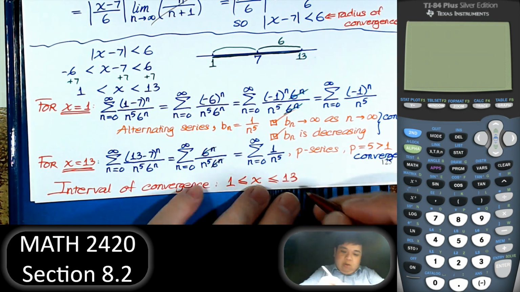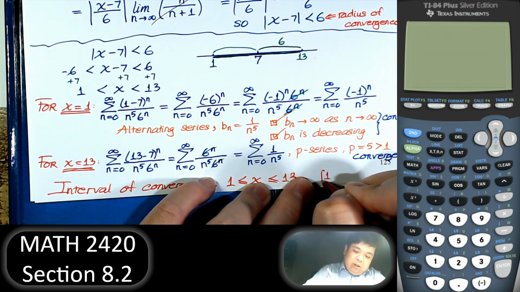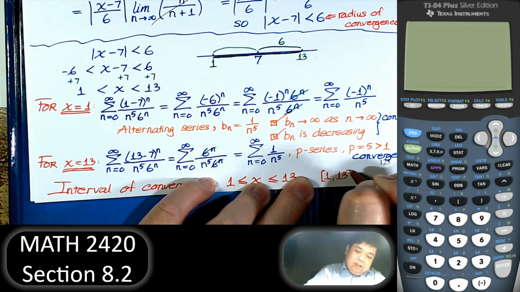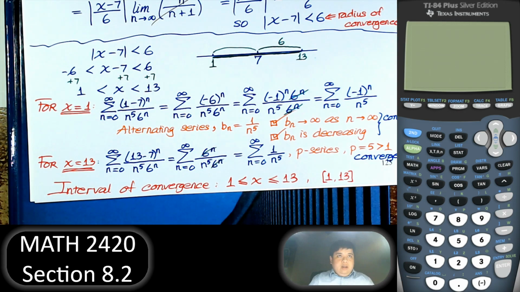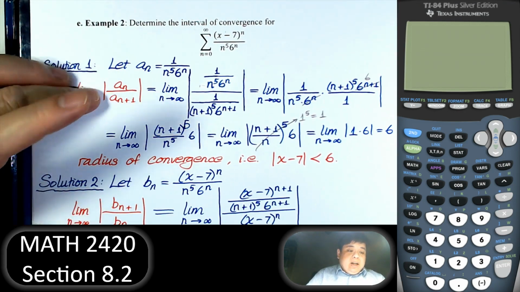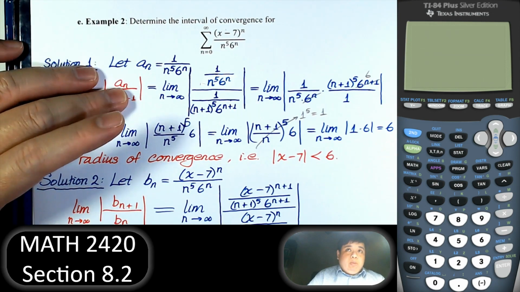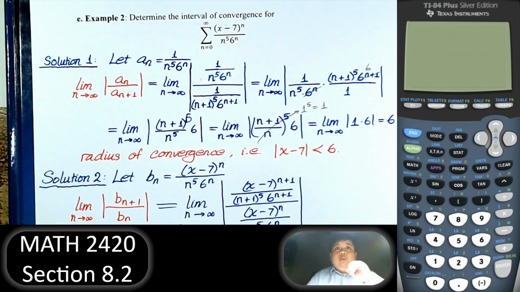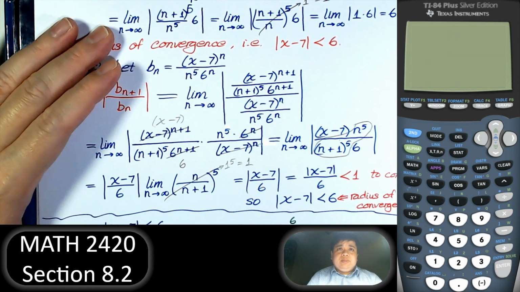If we write it as an interval, it is 1 to 13. So we use the ratio test, and whatever that limit goes to will be the radius of convergence.